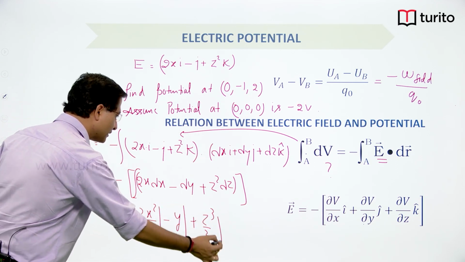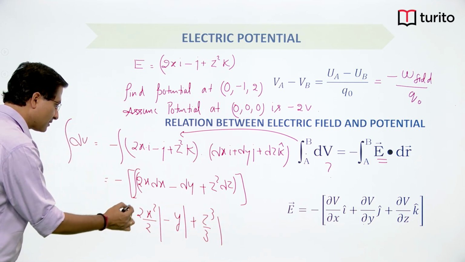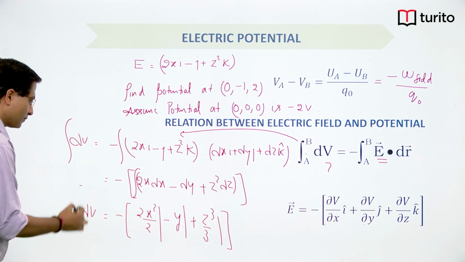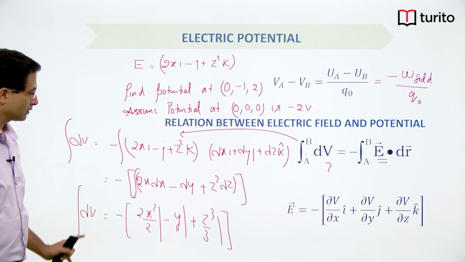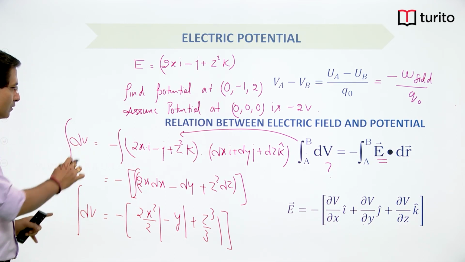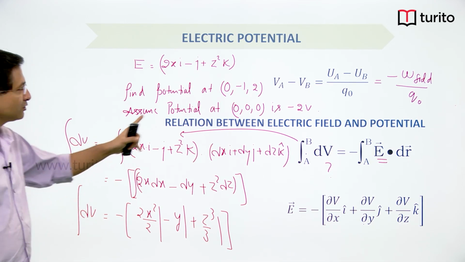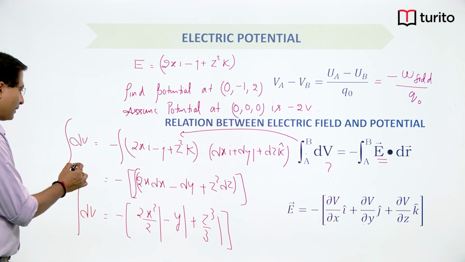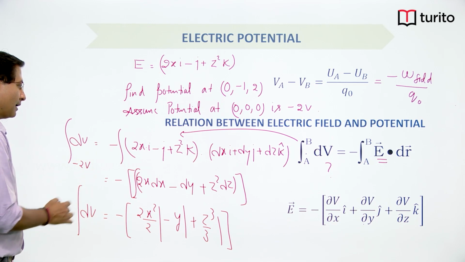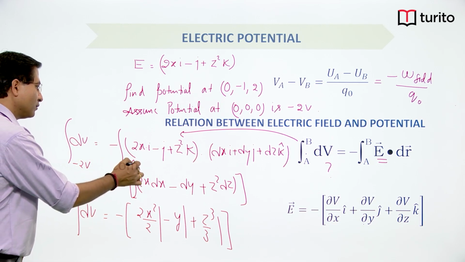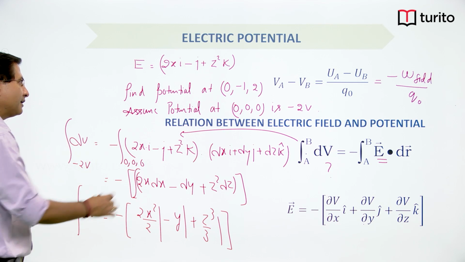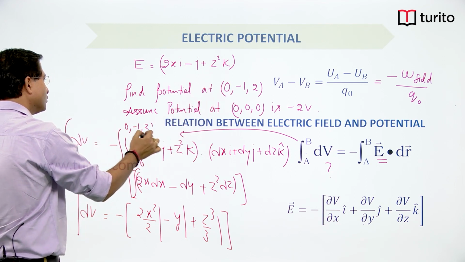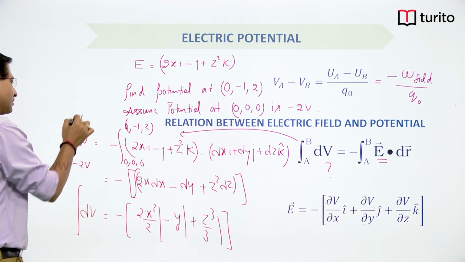Now comes limit with minus sign in front. What is the limit? 0 comma 0 comma 0, it is minus 2 volts. So, here I will write minus 2 volt at 0 comma 0 comma 0, and where I need to find out, 0 comma minus 1 comma 2, I need to find out potential.